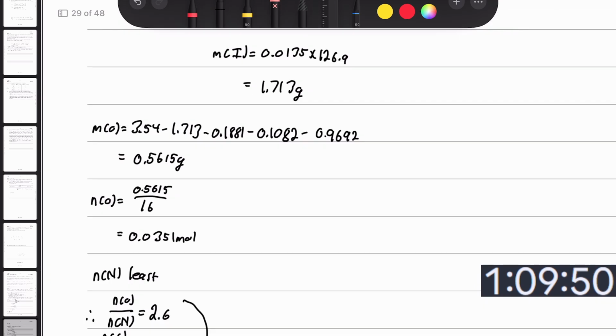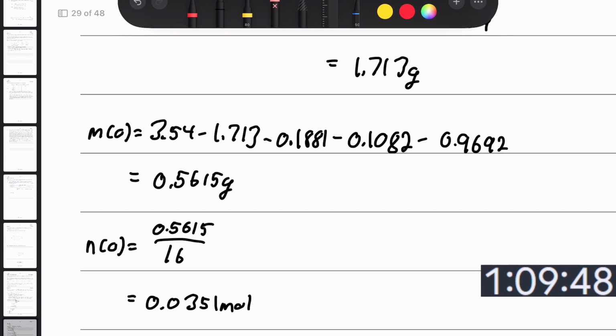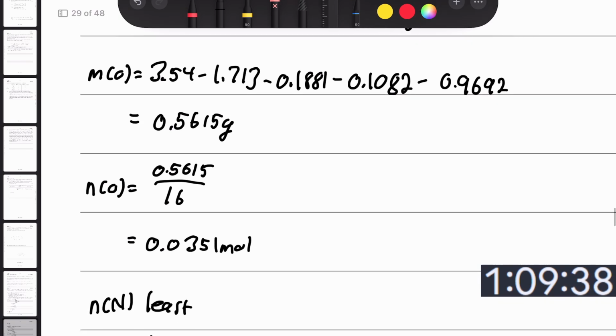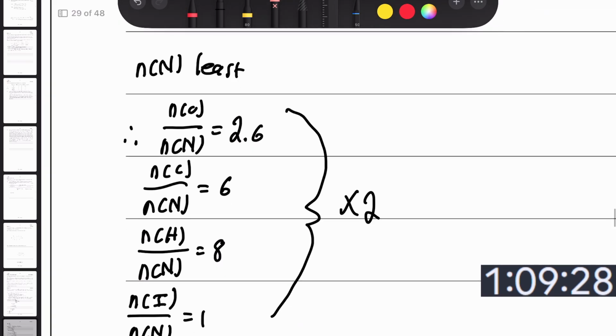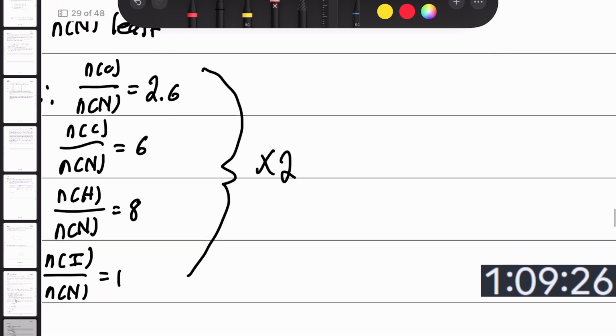Number of oxygen, that's a bit weird. 3.54 minus 0.181, 1082, 9692, still have a 16. 0.0134, yeah, 2.6, alright, times 2.